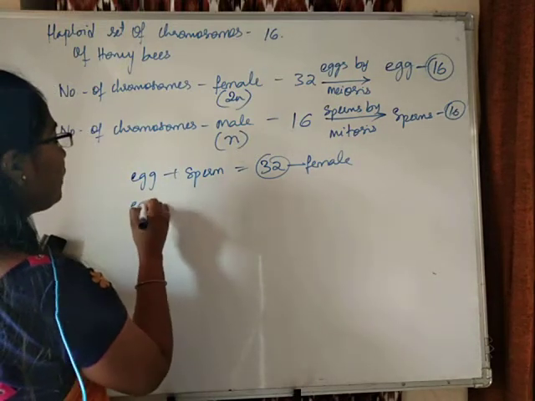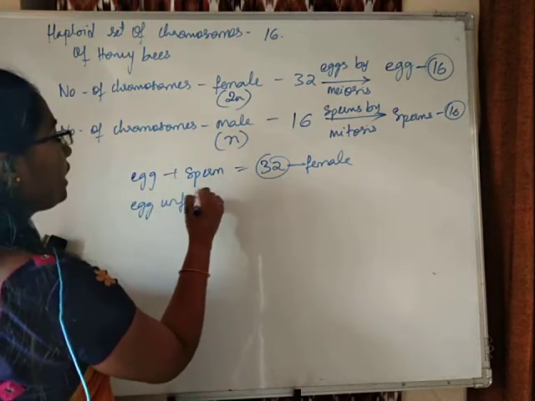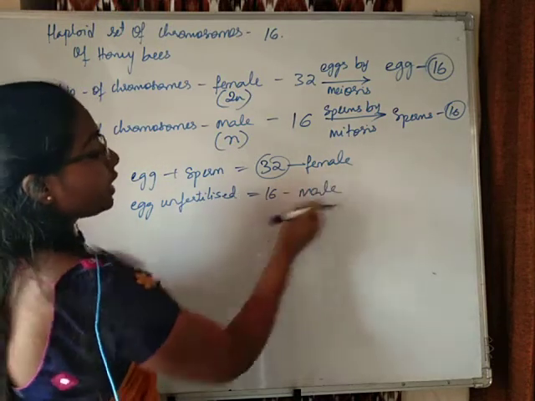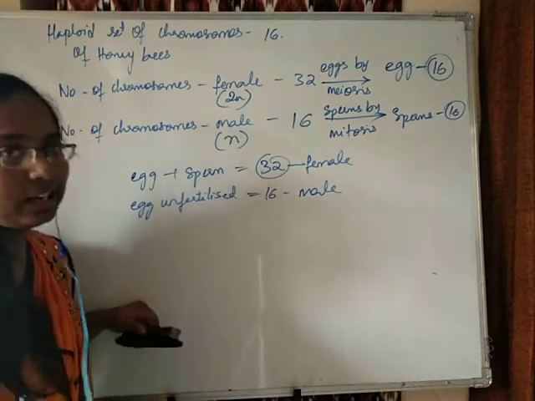If the egg is unfertilized, it gives rise to 16 chromosomes as in males. So this will be a male individual.